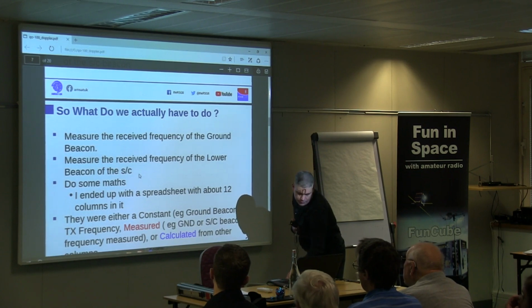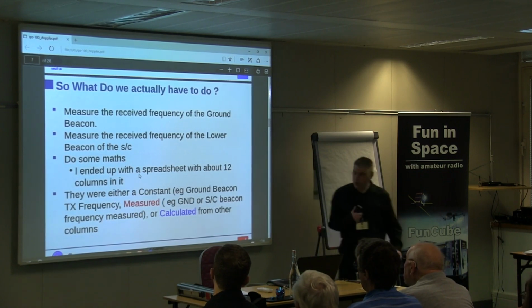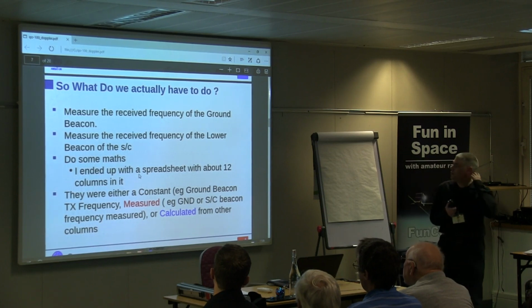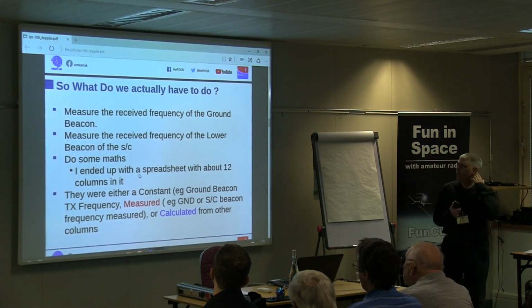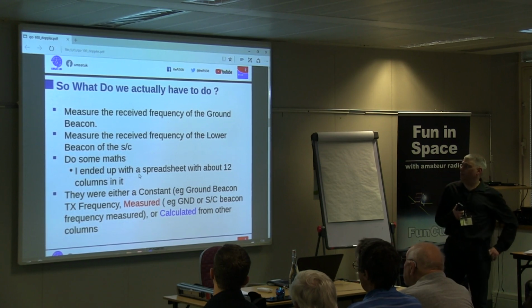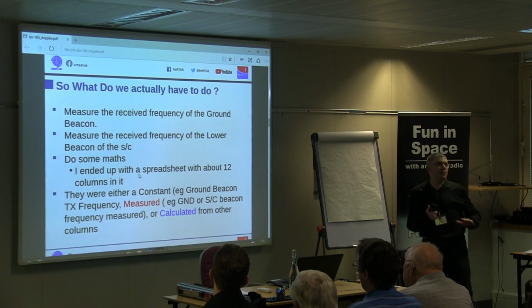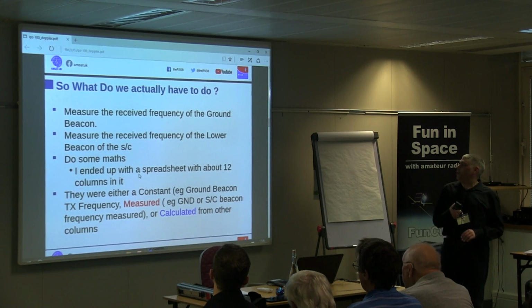So, what have we actually got to do? We need to measure the received frequency of the ground beacon, and we need to measure the received frequency of the lower spacecraft beacon. We then do some maths. It ends up in about 12 columns in a comma separated file format.